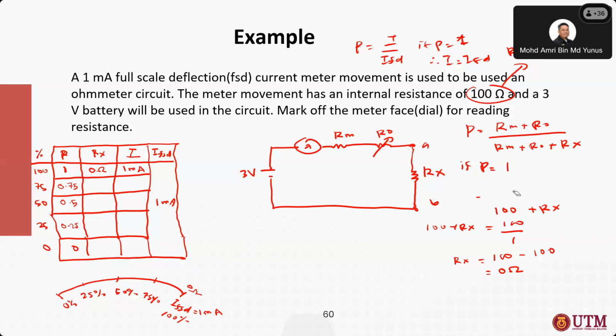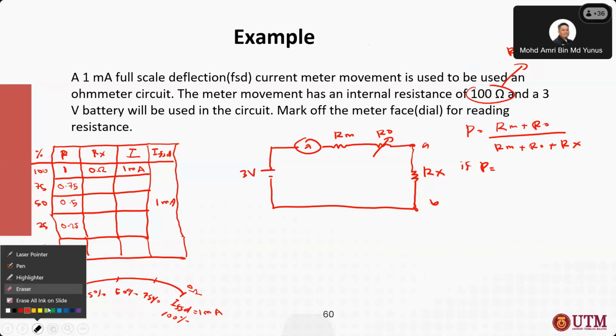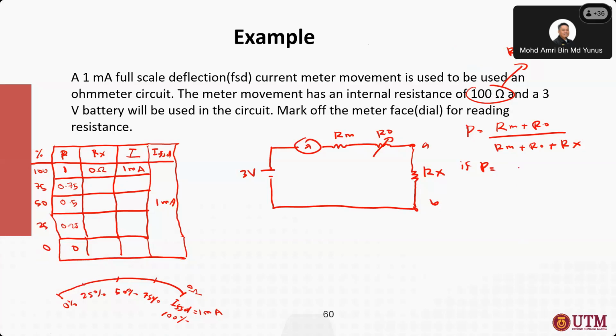Let's move on. If P is equivalent to 0.75, so I is equivalent to 0.75 times 1 milliamp, so I is 0.75 milliamp. But what is RX?